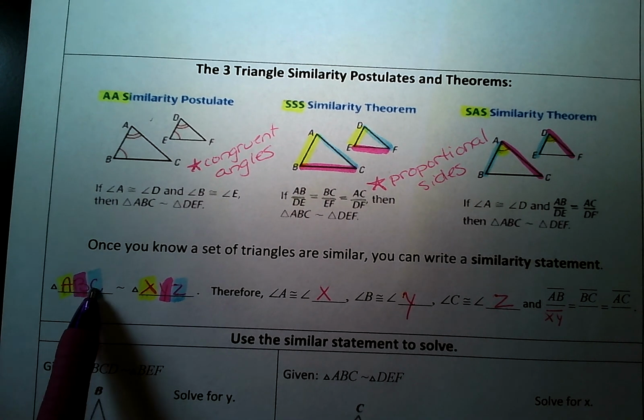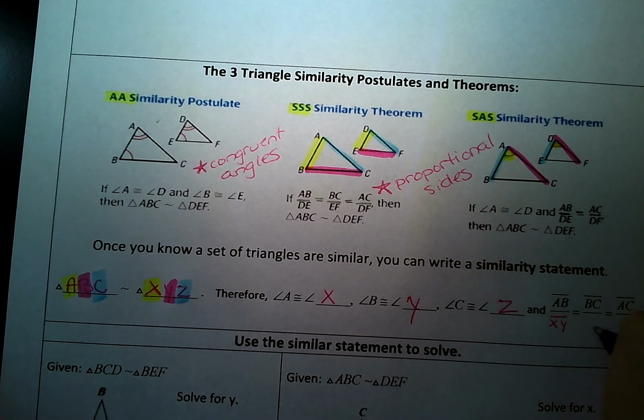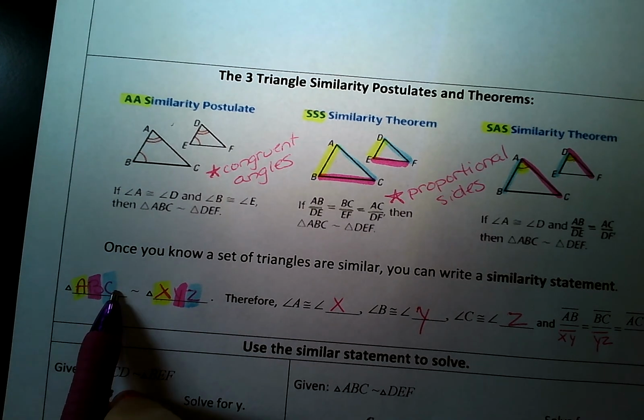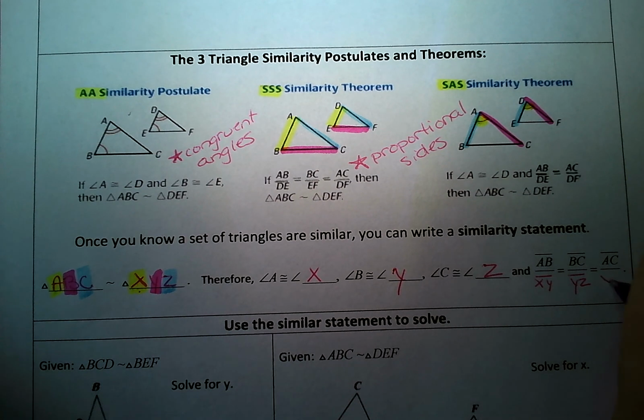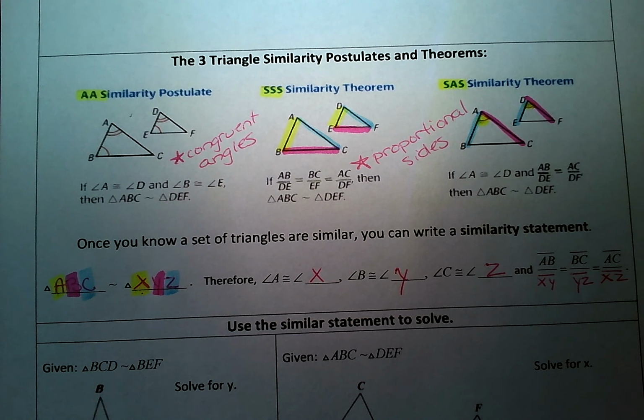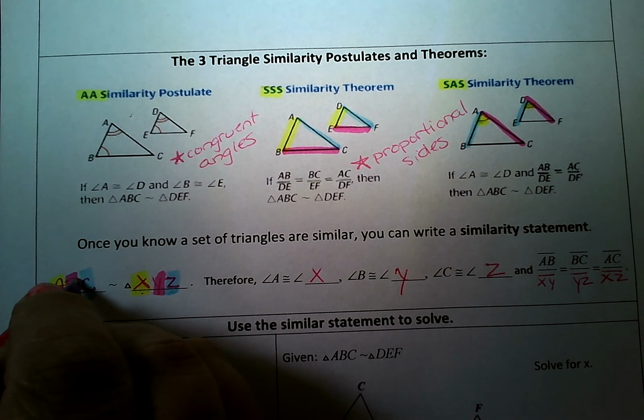Side BC in the second and third position can be compared to YZ, and side AC in the first and third position can be compared to XZ in the first and third position. So the order does matter on your similarity statement. You have to match up all the corresponding parts. It's really important.